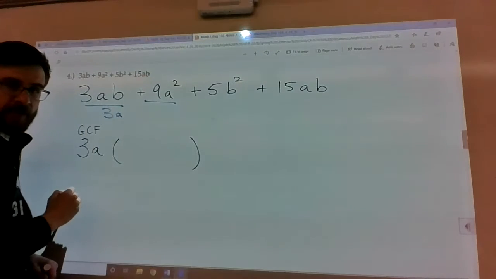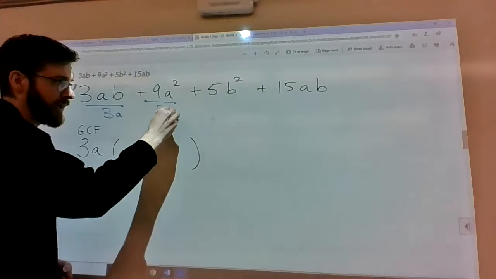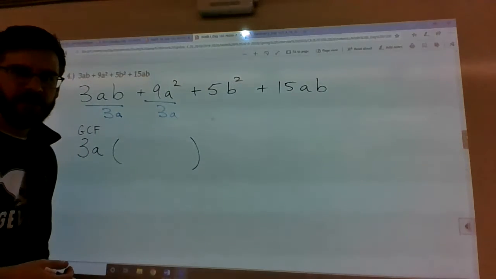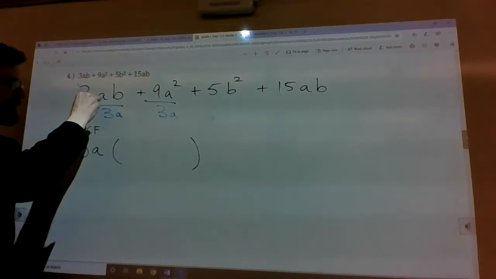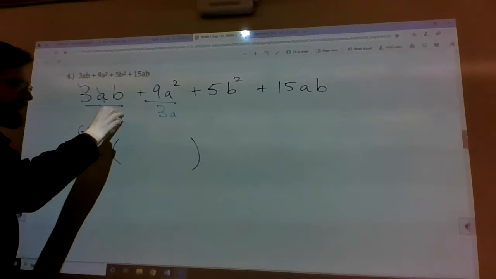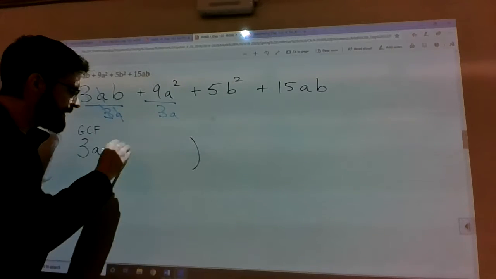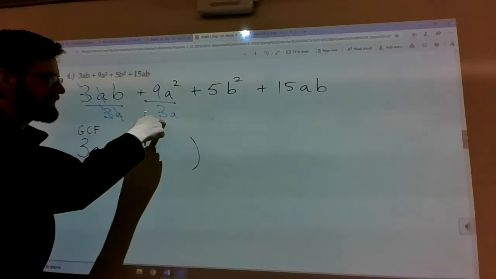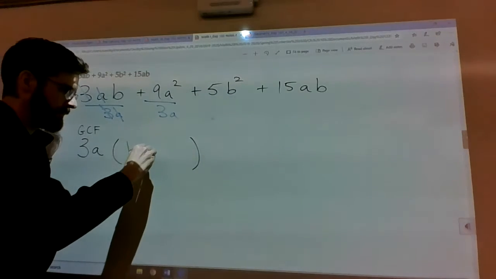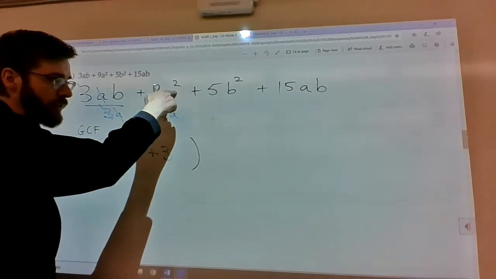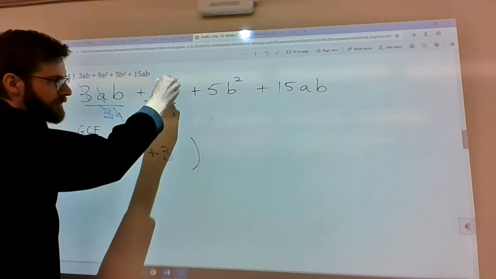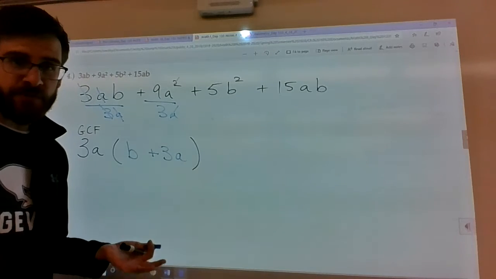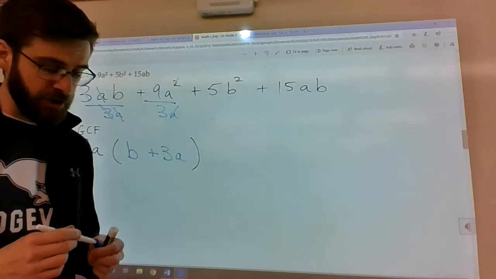Divide this term by 3a. Divide this term by 3a. If you remember how to divide monomials, you can easily say 3 divided by 3 is 1, a divided by a is 1, I'm left with the b, so I can just put the b inside. 9 divided by 3 is 3. a squared divided by a is a.